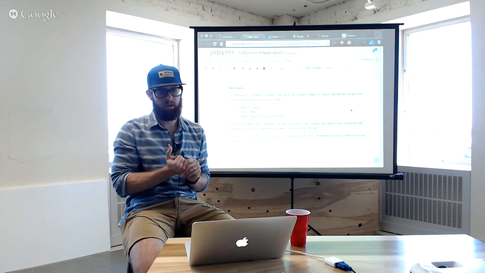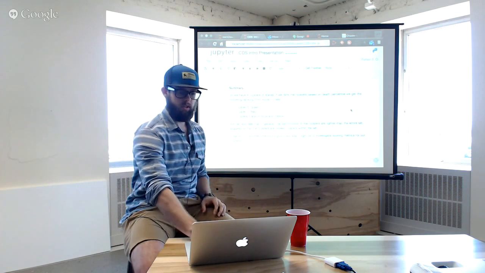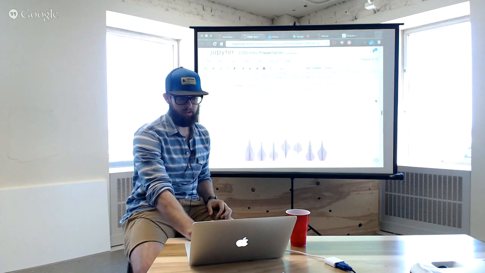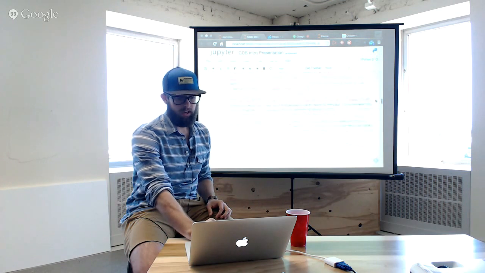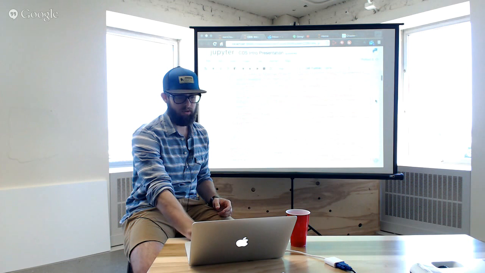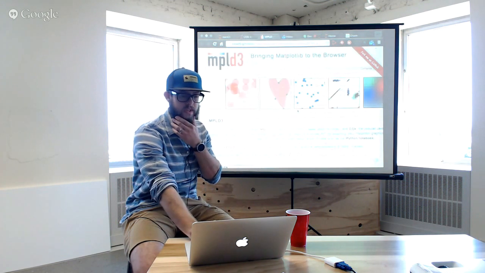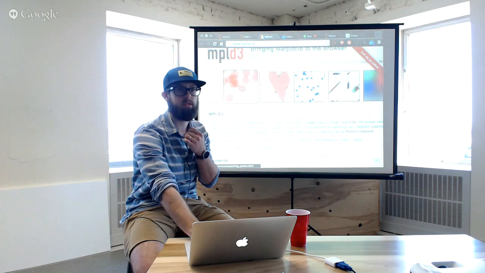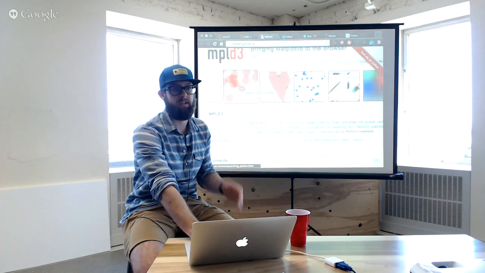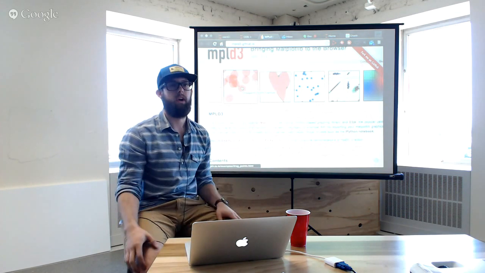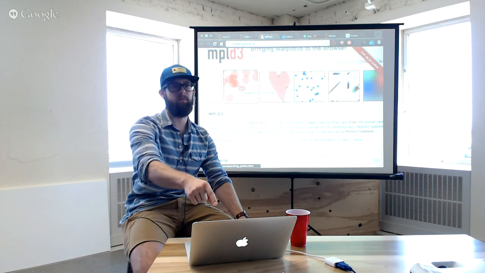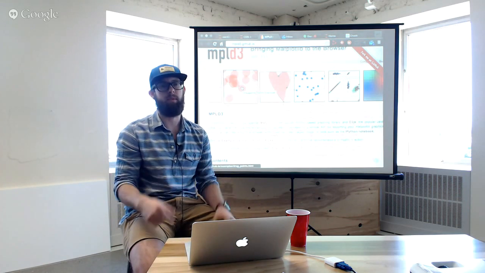So I mentioned up here, mpld3 actually has a converter. Let me follow this link here. It basically converts and interprets plots to D3. And that's what I'm using there, for all the plots besides the map.